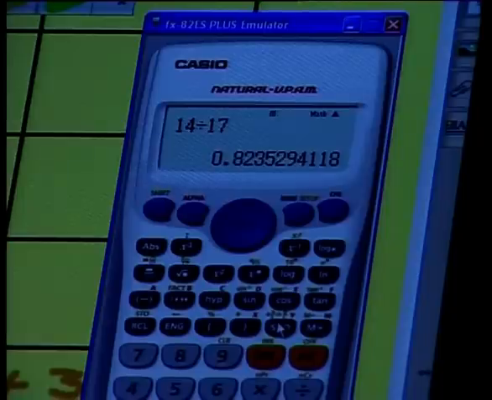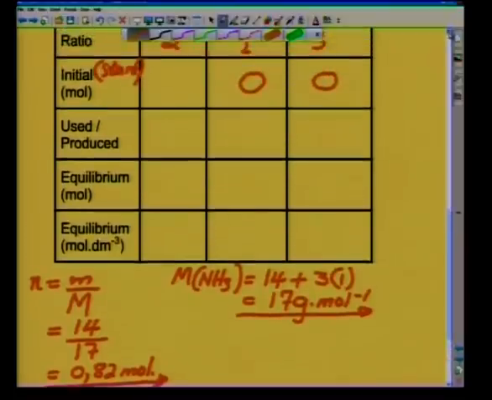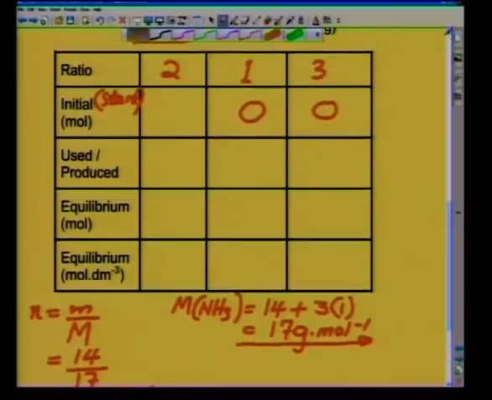The answer is 0.82 moles. So we've got 0.82 moles of ammonia at the beginning. So we can fill up this part here for ammonia. We've got 0.82 moles.